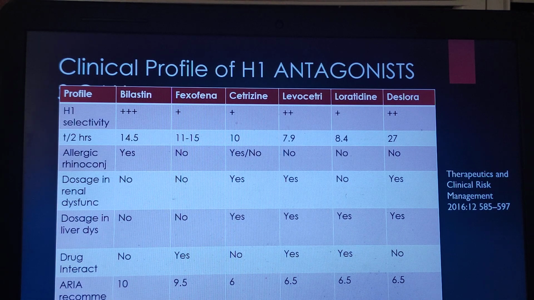It has given the scoring for different antihistamines, and here we can see that bilastine scores 10 out of 10, fexofenadine is 9.5 out of 10, the minimal score is given to cetirizine, which is 6, and then the rest are 6.5. So probably as per the recommendation of Allergic Rhinitis and its Impact on Asthma, for the treatment of allergic rhinitis, bilastine stands out to be a better option as compared to other second generation drugs.